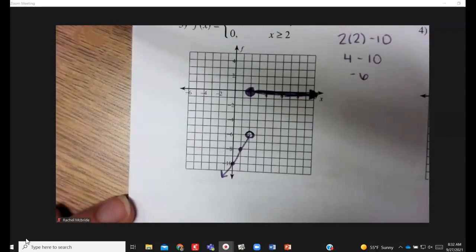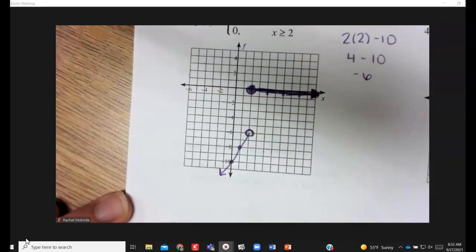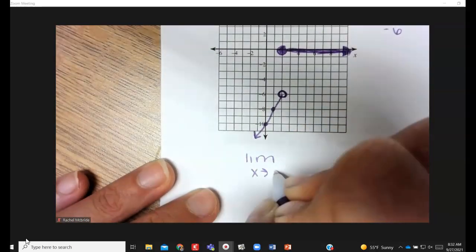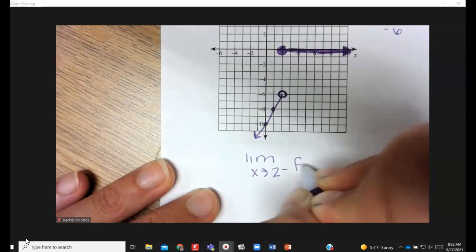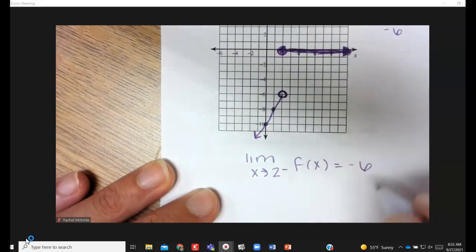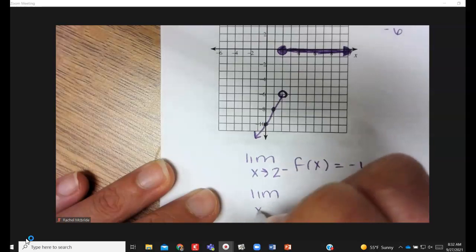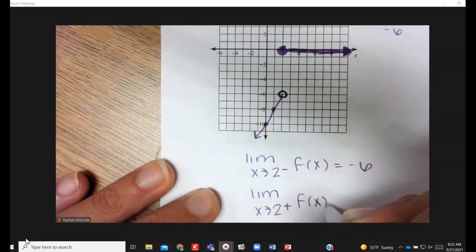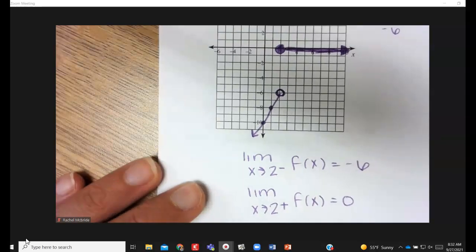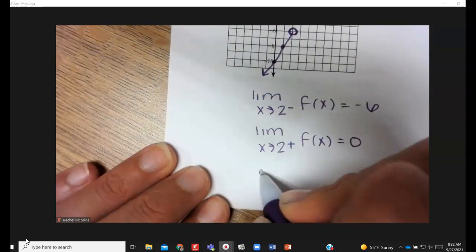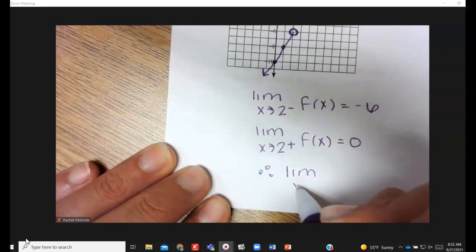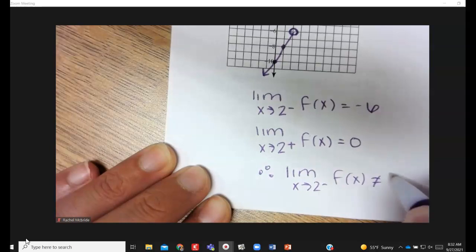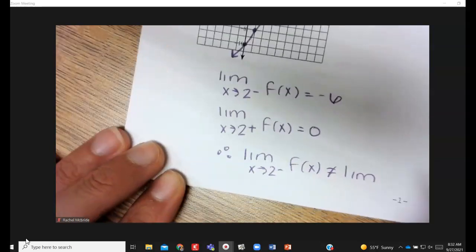So again, it says find the intervals on which the graph is continuous. So the limit as x approaches 2 from the left is equal to negative 6. The limit as x approaches 2 from the right is equal to 0. Therefore, the left-hand limit does not equal the right-hand limit.